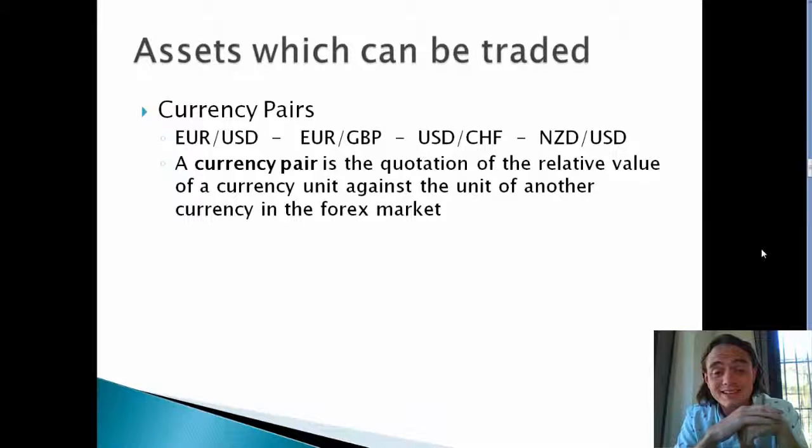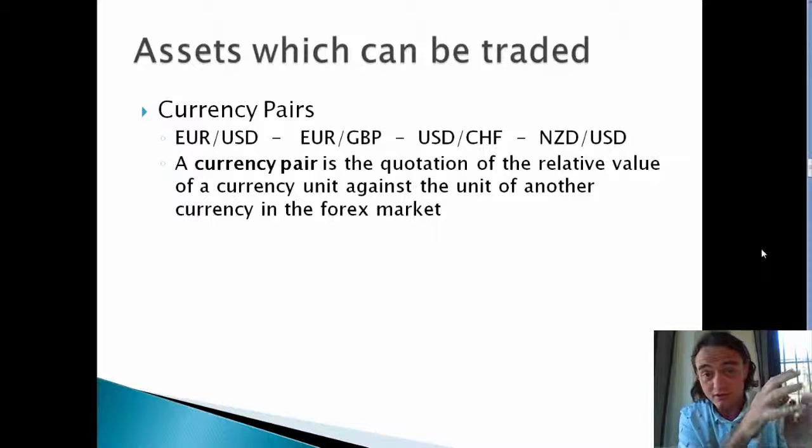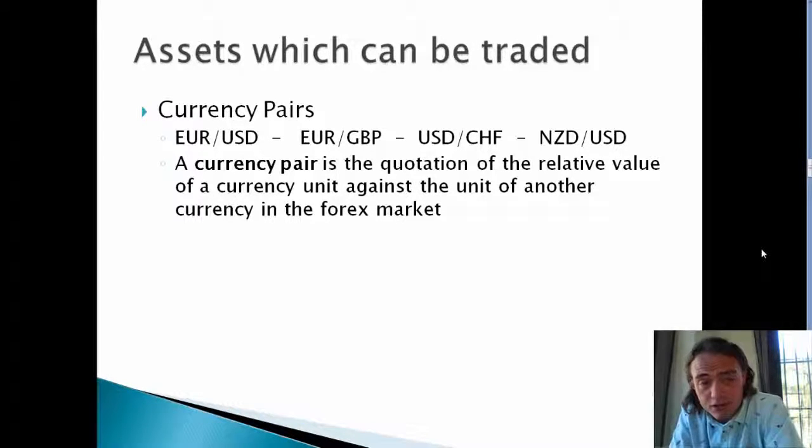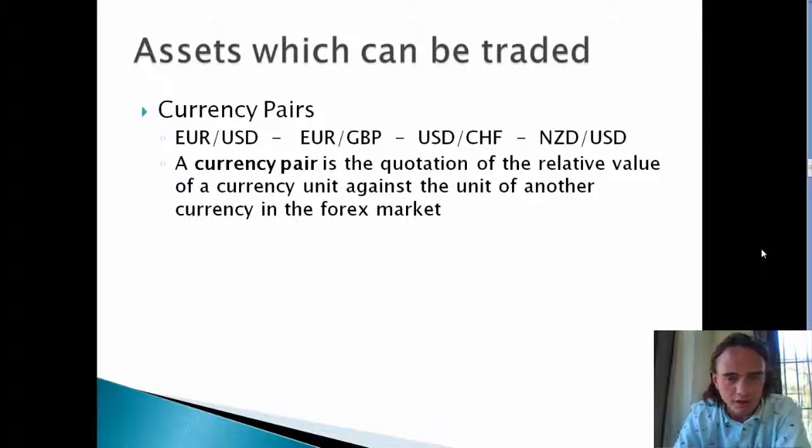A currency pair is a price which defines the relative value of the base currency, which is the first currency written. Like in the euro dollar, the euro is the base currency, and it's how many dollars you get for 1 euro.